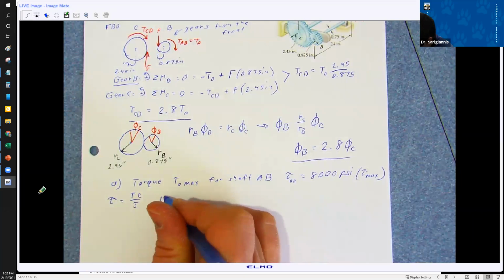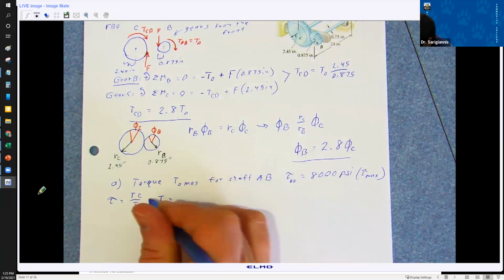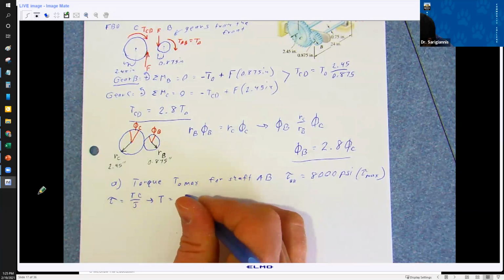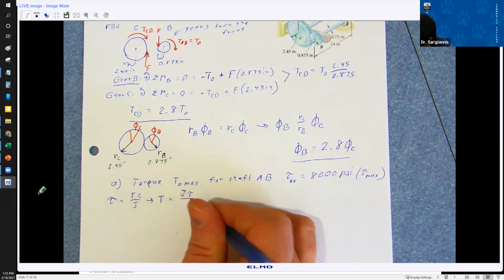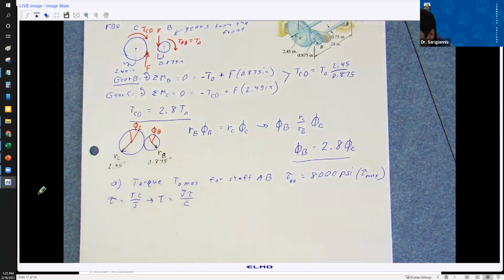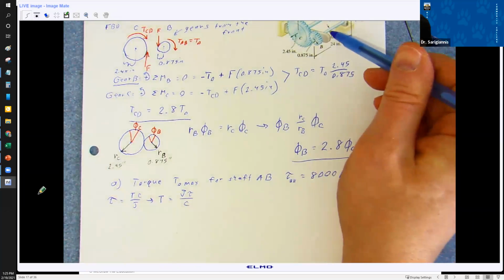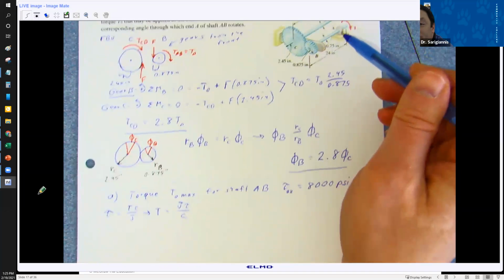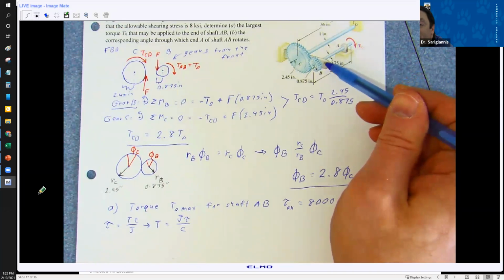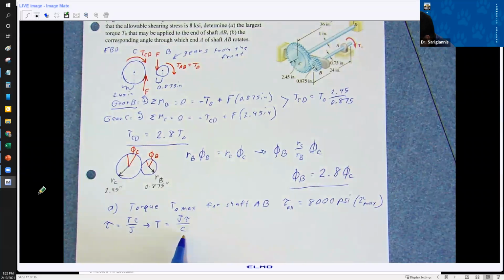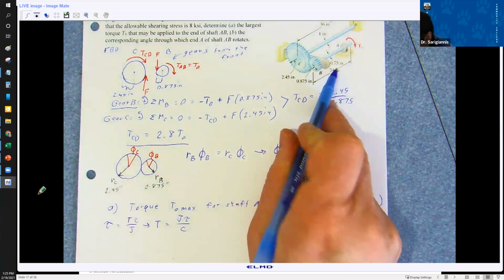So torque is equal to the polar moment of inertia times the shear stress divided by C. In this case, we're looking at the shear stress in the rod itself, right? So C is the radius of the rod.